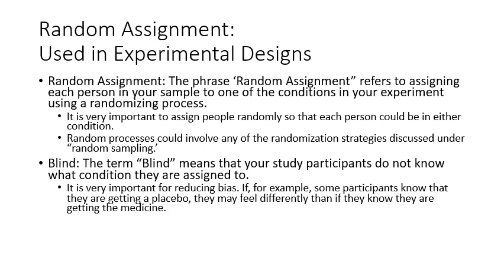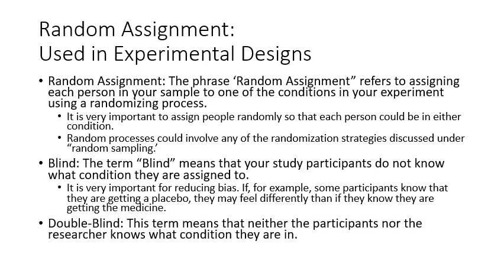For example, if you are testing a medicine and you randomly assigned people to either get the real medicine or a fake medicine, and then you told them which one they're getting, it would change their results. If someone knows that they're getting the fake medicine, they might report less response, even if in fact they're feeling better. Double-blind means that neither the participants nor the researcher know what condition they are in.